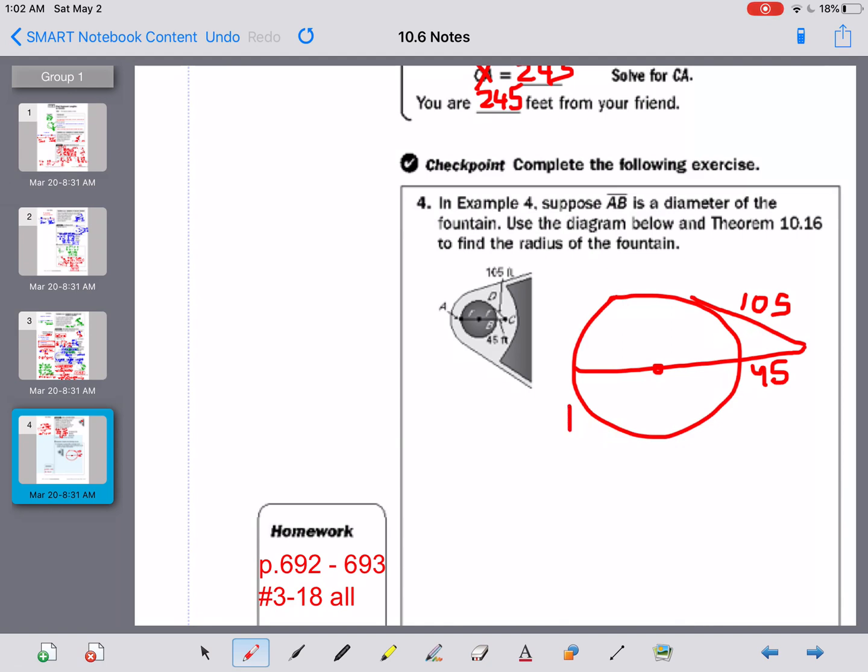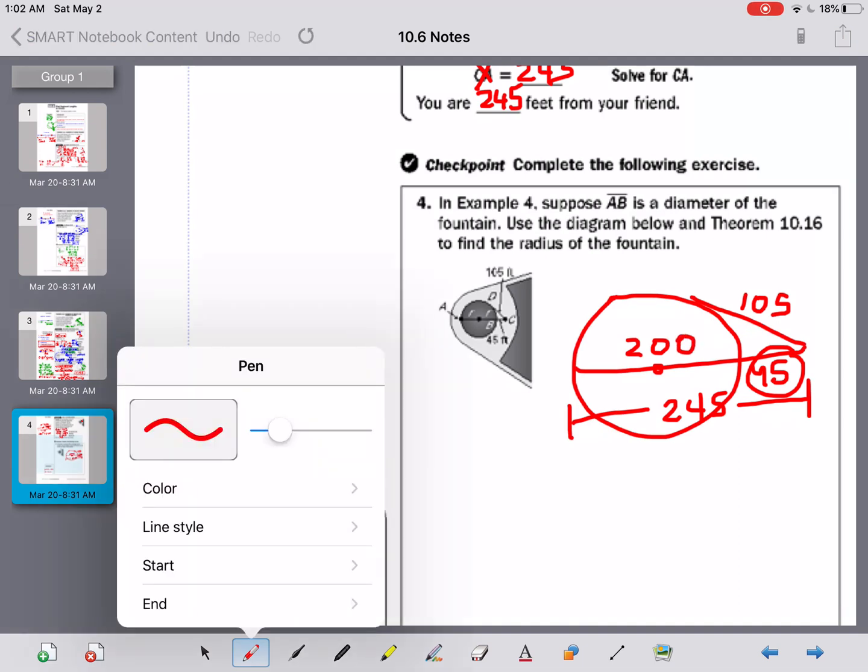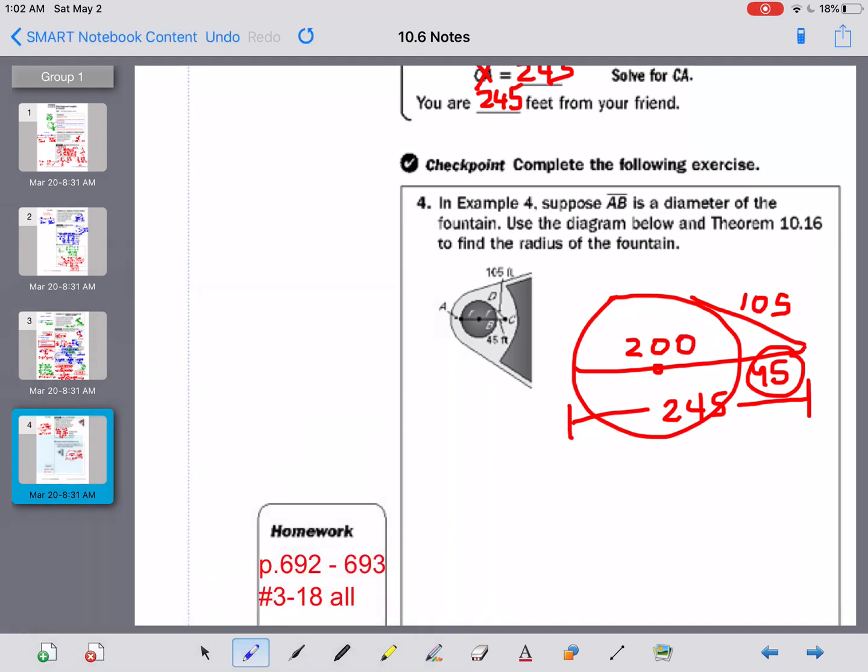So if this is 45 and the whole distance was 245, I have 200 for my diameter. The question is, what's the radius? Diameter is also equal to 2 times the radius, so if I divide 200 by 2, my radius would be 100. It looks like I'm good there.